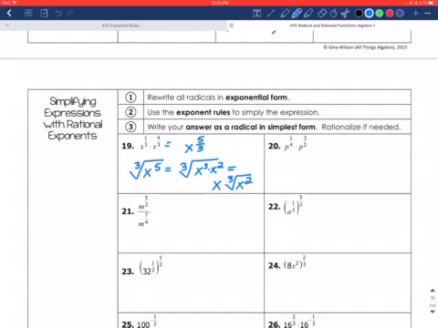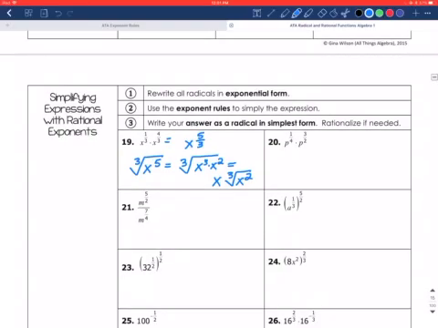Okay, so the whole point in this is exemplified really well in number 20. If I were to change this into radical form, which I'm not, but let's say they actually gave you a step above this that was the 4th root of p times the square root of p cubed, right? I just changed these back into radical form.